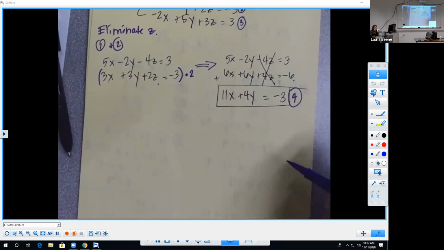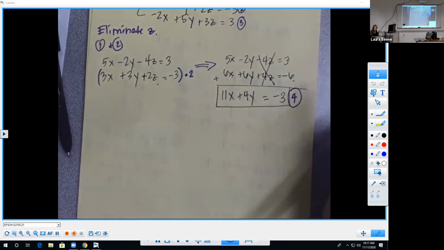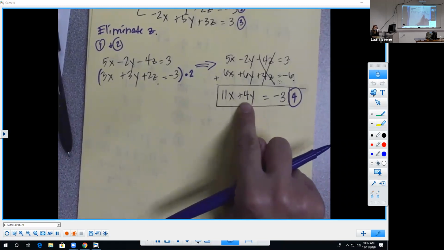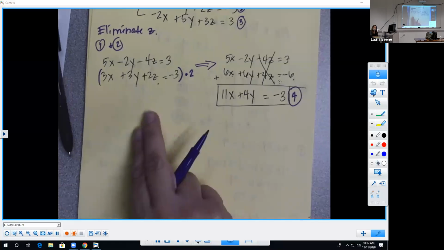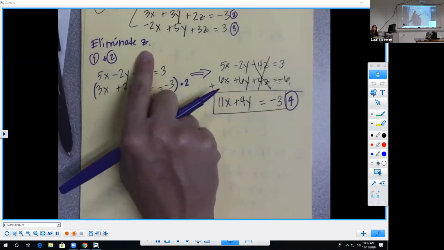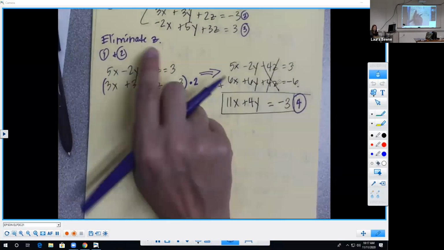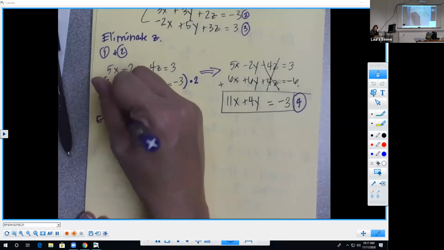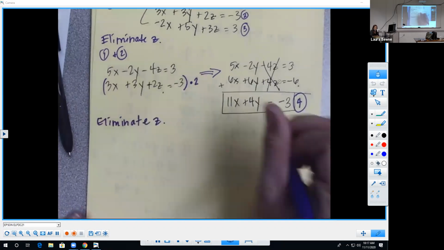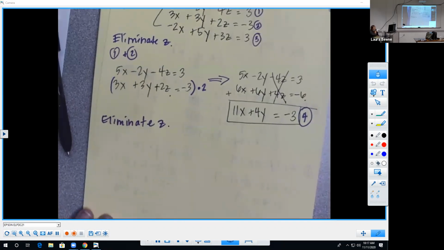So remember, our goal was to get 2 equations with 2 variables. Right now I have 1 equation with 2 variables. I need to do this whole process again. I have to pick 2 different equations starting off, but I still eliminate Z again. So you're still eliminating the same letter. But now, instead of 1 and 2, I need to pick 2 other equations.